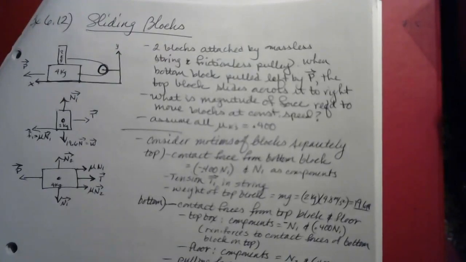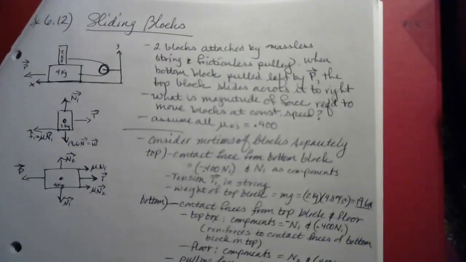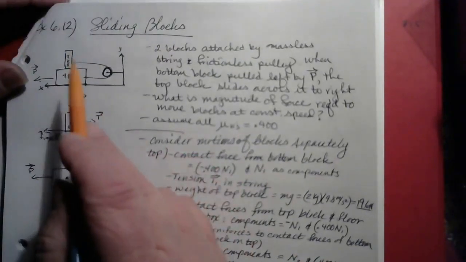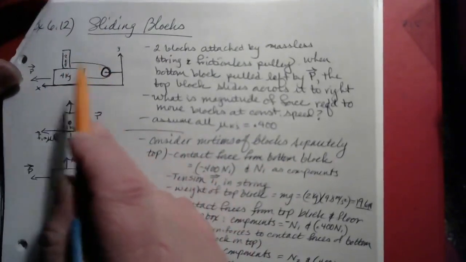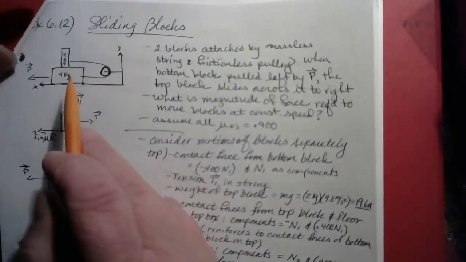Okay, in this example, example 12, we've got some sliding blocks. Two blocks are attached to each other by a cord, which is weightless, through a pulley, which is assumed to be frictionless.